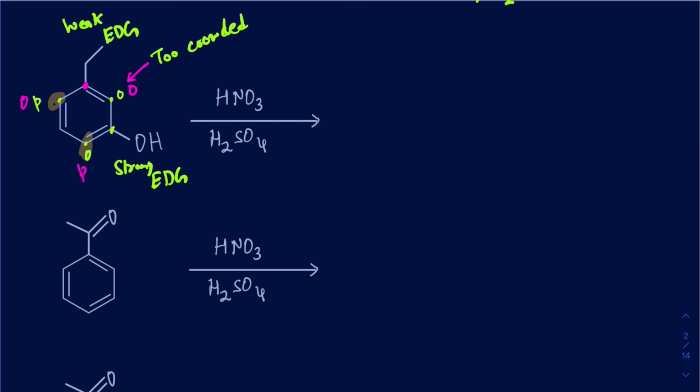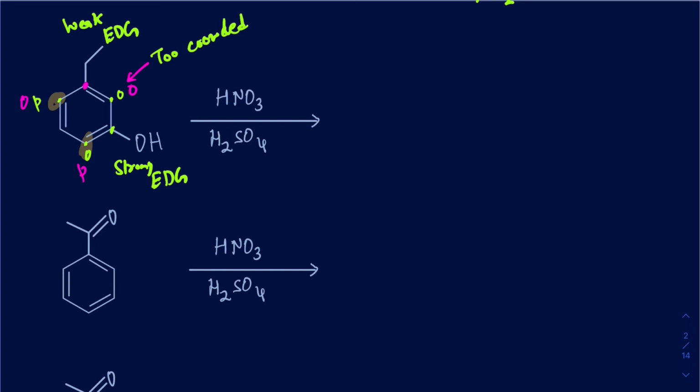So as a result, I'm going to be attacking either there or there. And even among those two other positions I have left, if I have to pick one out of those two, I would pick the one that's right next to the OH, because OH is going to be a relatively smaller group than the alkyl group, and as a result, your nitro group is going to go to the place where it's least sterically hindered.